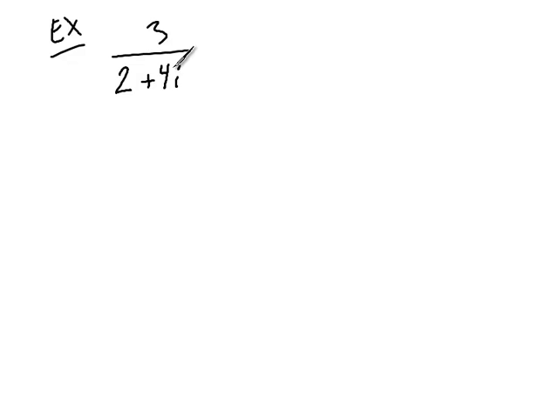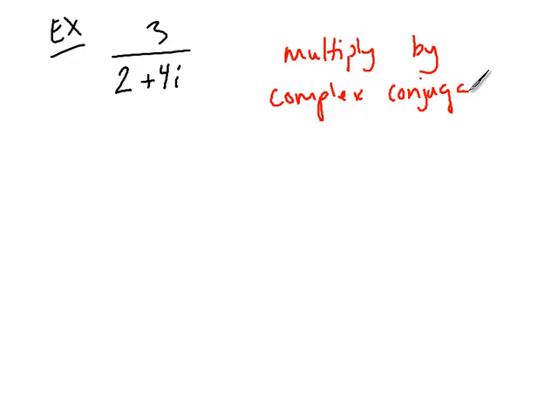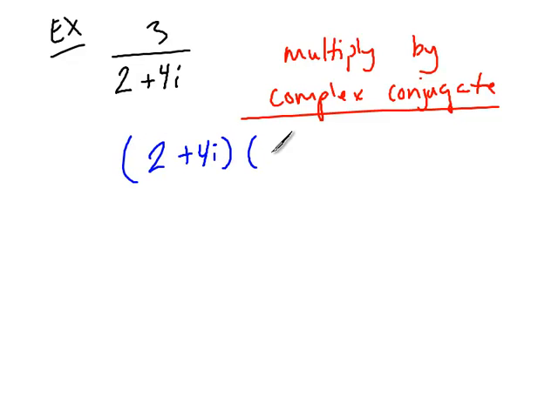Here, we want to multiply by the complex conjugate, which means exactly the same thing. It's a complex number, so we call it complex conjugate. So for 2 plus 4i, the complex conjugate would be 2 minus 4i.